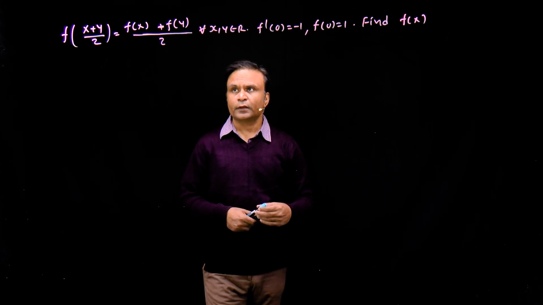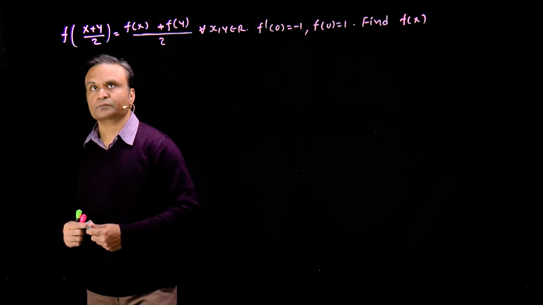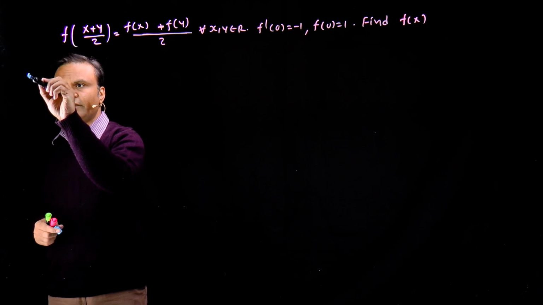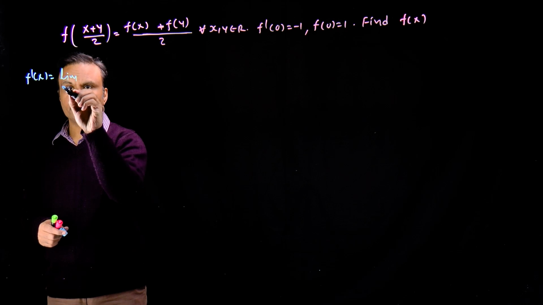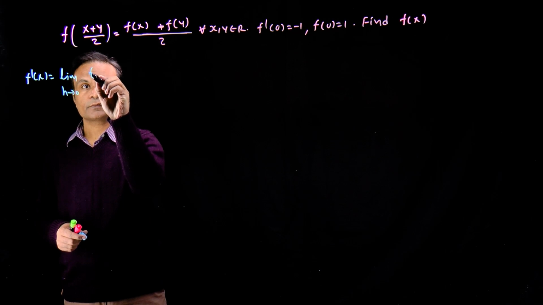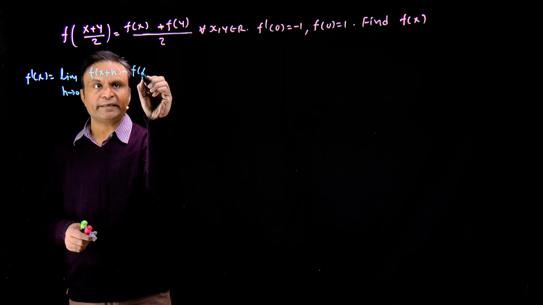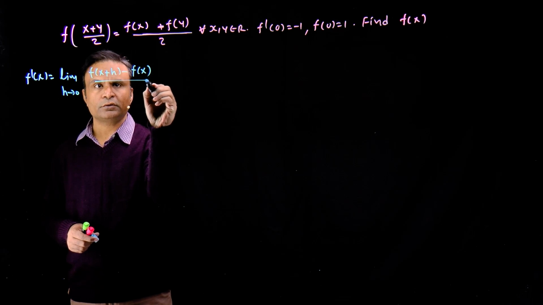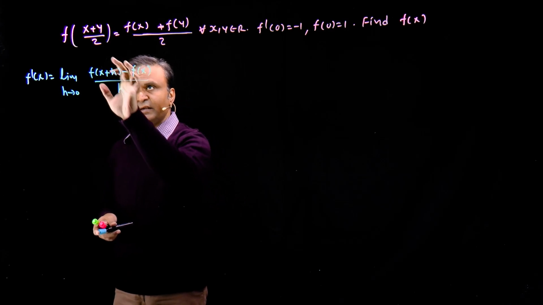Okay, so let's start with the first definition of derivative. We have f dash x equal to limit h tends to 0 of [f(x + h) − f(x)]/h. Now how can I use this relation?